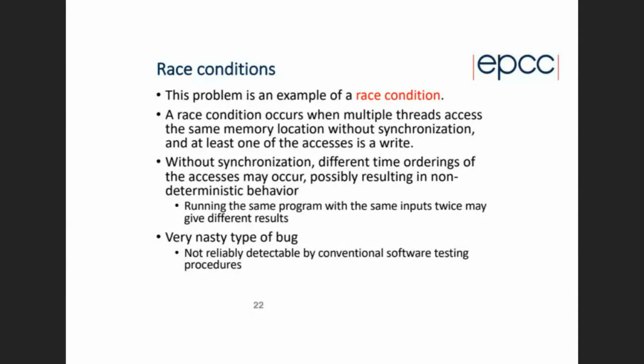Your standard software engineering practices of writing test suites will not necessarily pick up this kind of problem. If you run the program 100 times, it may give you the correct answer 99 times and the wrong answer once. So wrong answers may be rare and therefore difficult to observe with normal testing.